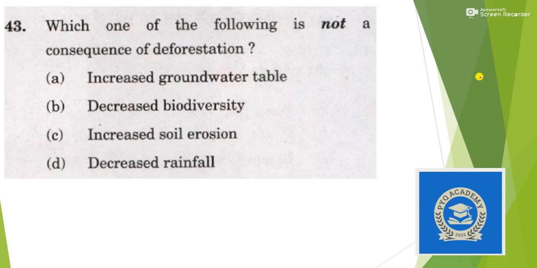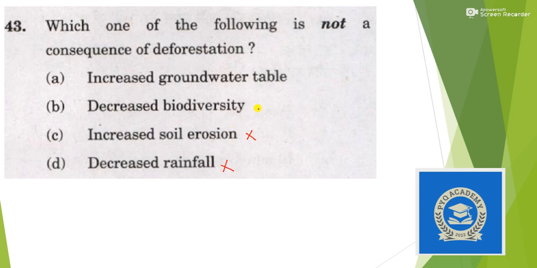Which one of the following is not a consequence of deforestation? That means which is not a result of deforestation. So let's find which are the consequences of deforestation. So decreased rainfall, yes, rainfall decreases. And then increased soil erosion, yes, if you cut the trees, there will be no roots to hold the soil and soil erosion will increase.